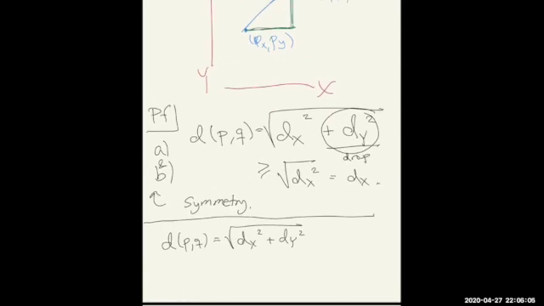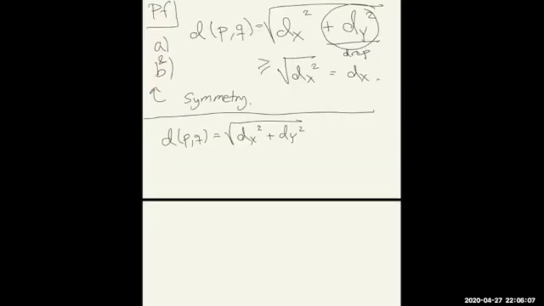Well, if we square this, then what we get is distance squared is equal to distance x squared plus distance y squared. Okay, we want to complete the square. Why do we want to do that? Because we want to take an easier square root. So what we can do is make that less than or equal to, and then add, let's actually put that on a different row, so it's easier to review.